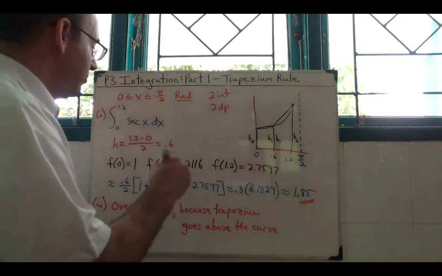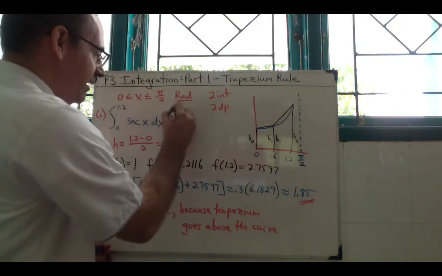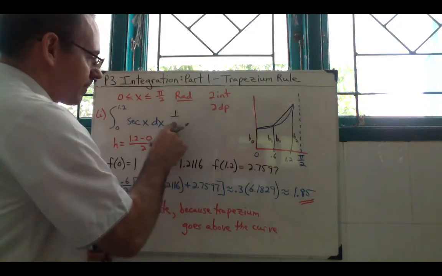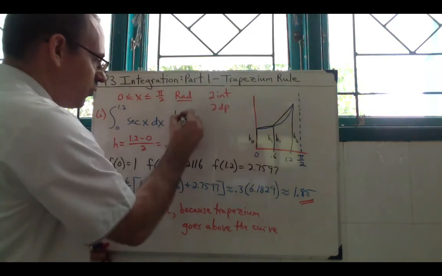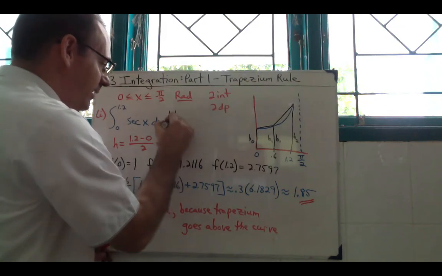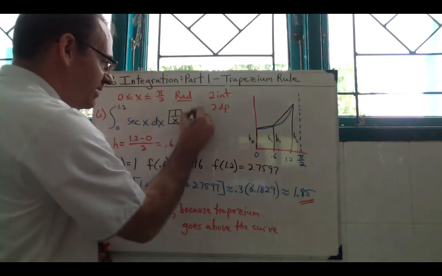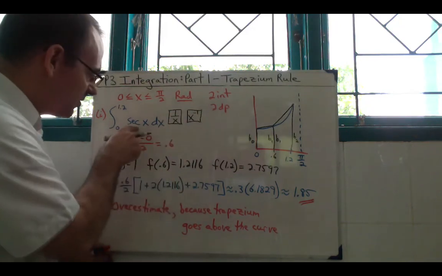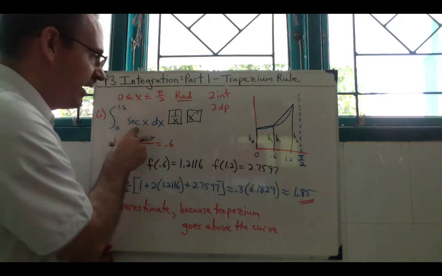By the way, you might ask how to plug these in because there's not a secant function on your calculator. What you have to do is use that 1 over x key. It's 1 over x, or it might be x to the negative 1, which means the same thing. And this is, remember, 1 over cosine.